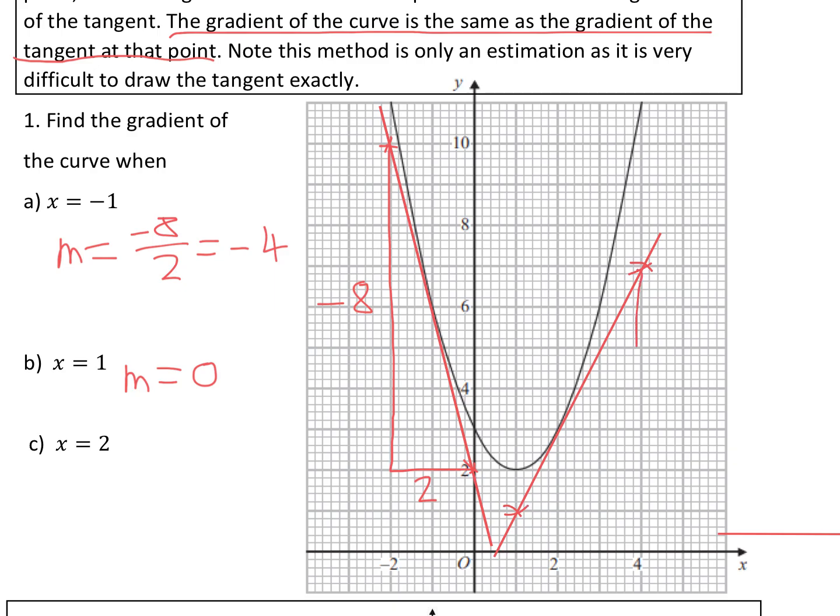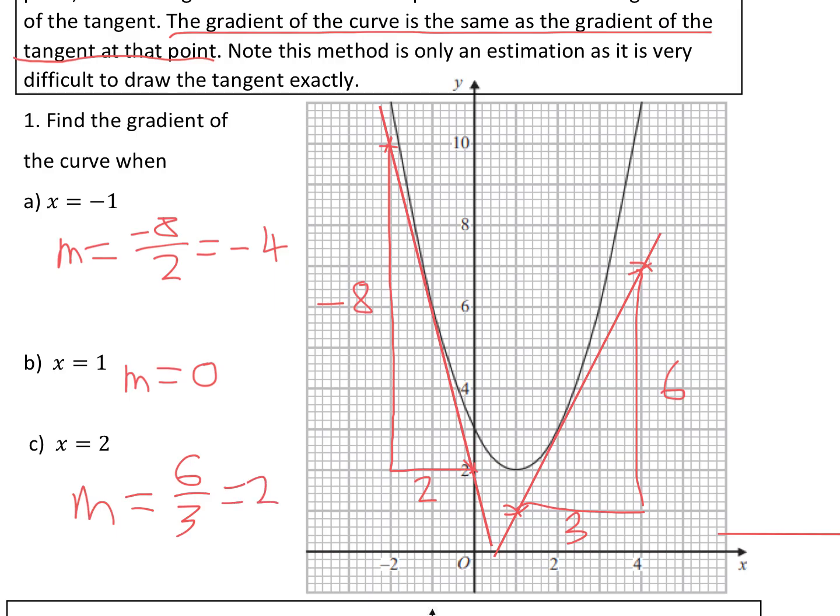So if I just draw a triangle between the two, that rises up from 1 to 7, which is a rise of 6, or the change in y values is 6. And it runs across from 1 to 4, which is 3, or the change in the x values is 3. So the gradient for that one is 6 over 3, the rise over the run, or the change in y over the change in x, and you get a gradient of 2.